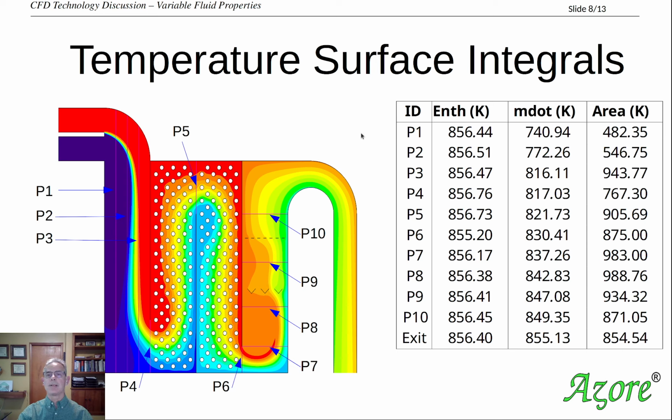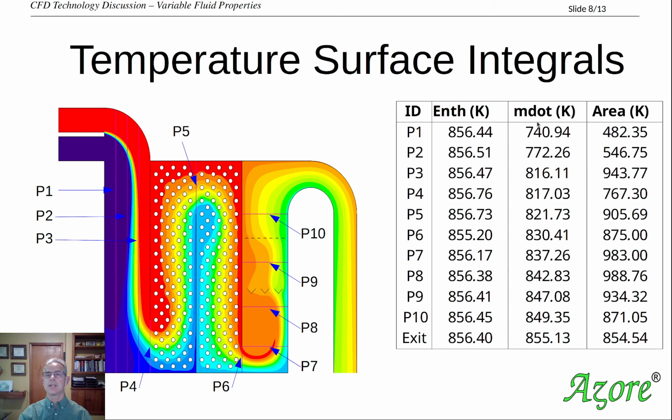Depending on what you're interested in looking at, one of these may be more appropriate than the other. But from an energy conservation standpoint, if you look down the table, every single one of these planes throughout the whole system is 856 degrees.